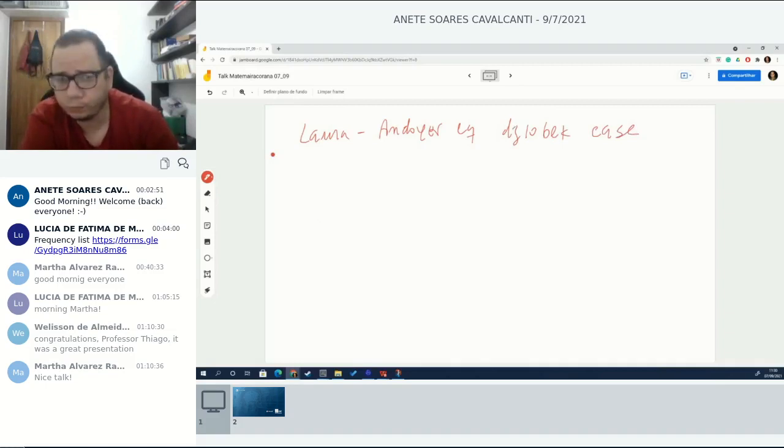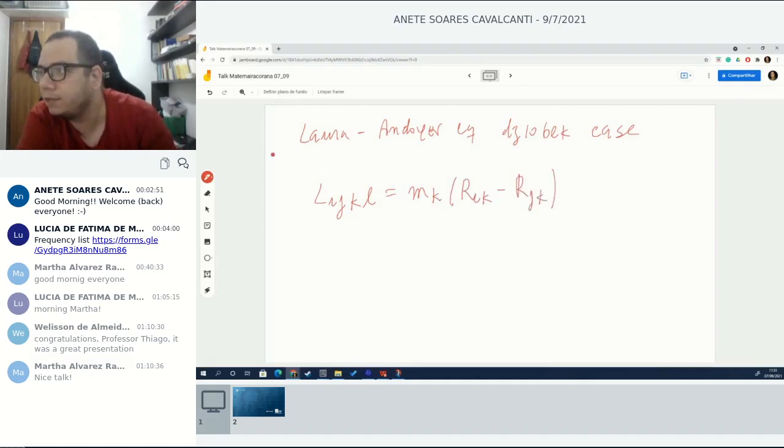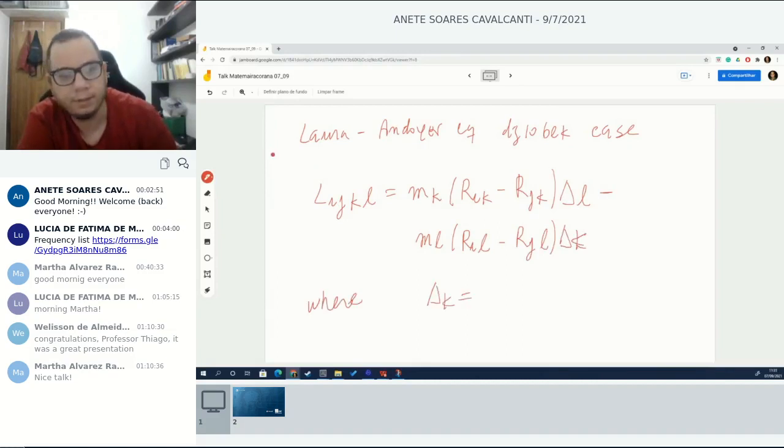The Laura-Andoyer equations in the Dziobek case are given by Lijkl equal to mk (rik minus rjk) plus delta L minus ml (ril minus rjl) delta k, where delta k is equal to -1 up to k plus 1 times omega, the determinant of the configuration, omega sk hat.